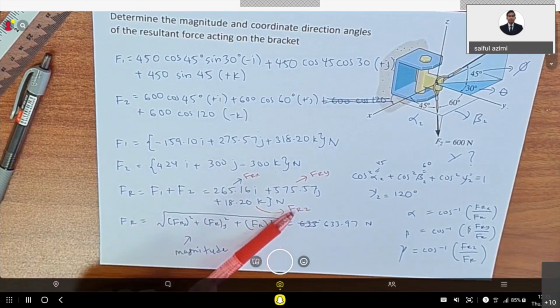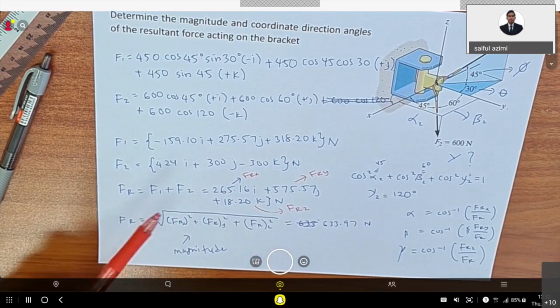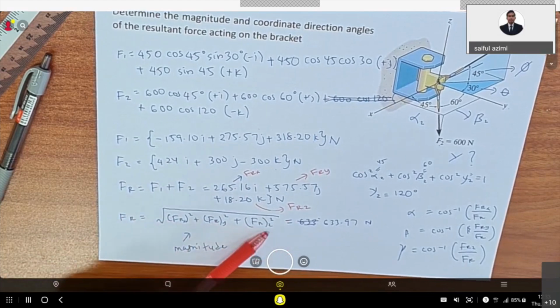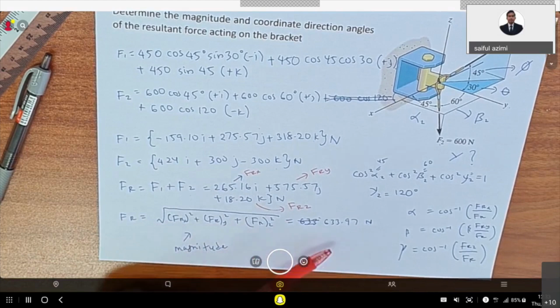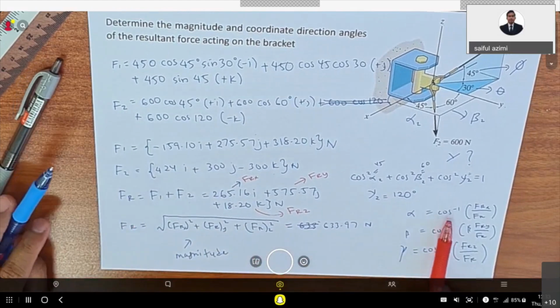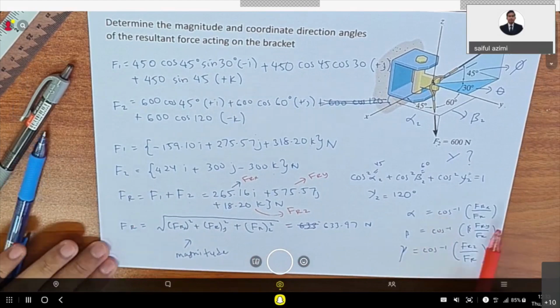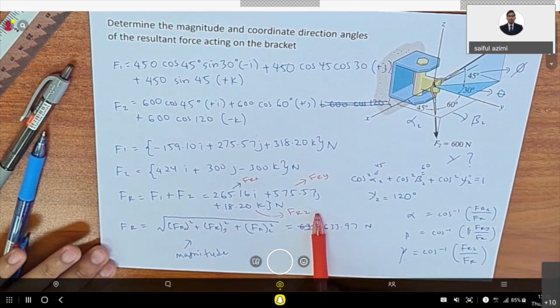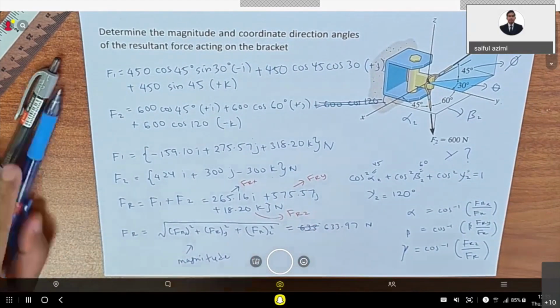To find the magnitude, you use the square root of FRX squared plus FRY squared plus FRZ squared. Then you can get the answer. And if you wanted to find the direction, you can use the formula of cosine inverse FRX over FR, because all of these values you already got in the previous step of your calculation.